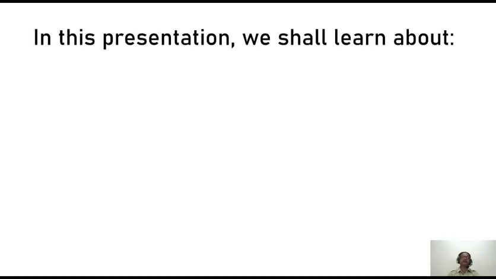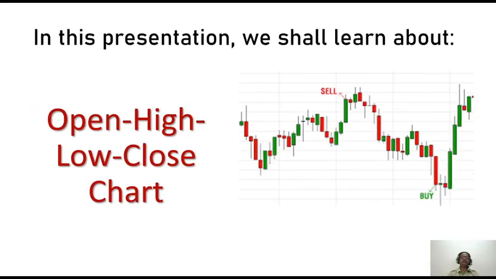So first of all, in this presentation, we will be learning about the open, close, high, low chart. As the name indicates, it is related to the share market. You can represent the opening price, the closing price, the highest price, and the lowest price of a stock, and you can do it for several days.